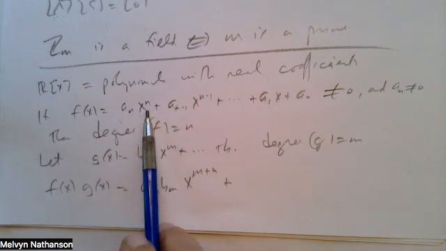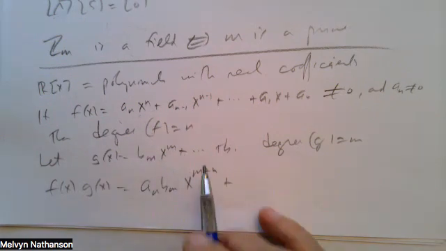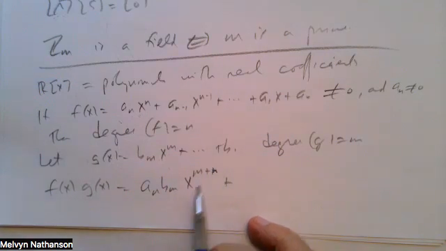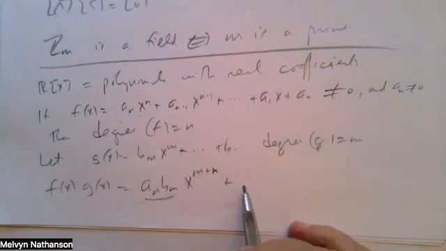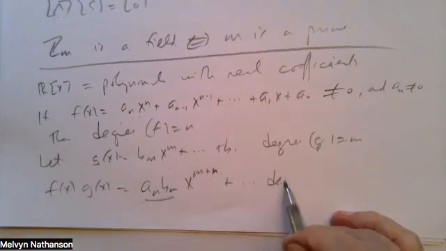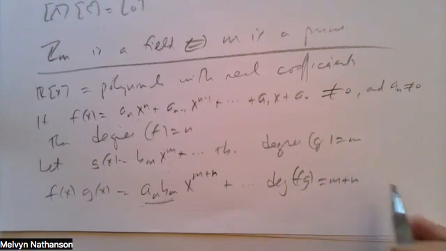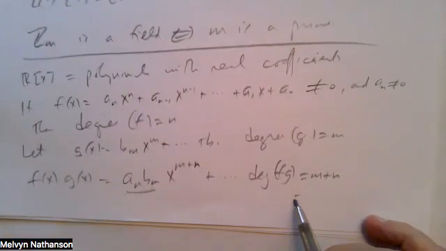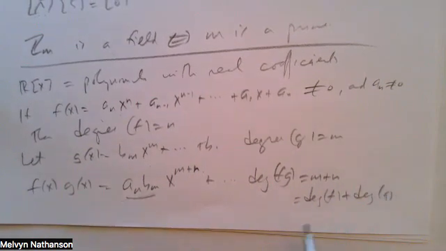You get the highest power of x in f, x to the n, times the highest power of x in g, which is x to the m. You multiply them, you get x to the m plus n. You only have one term of this degree. This is the coefficient. a_n and b_m are non-zero, so the product is non-zero. So the degree of f times g is m plus n, which is the degree of f plus the degree of g.